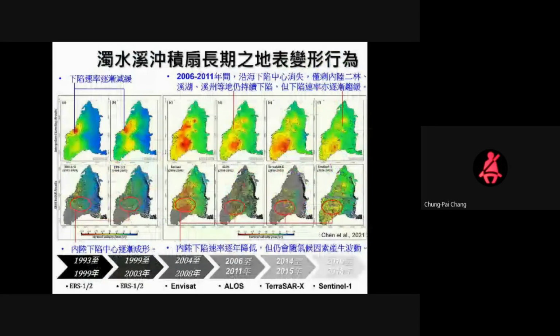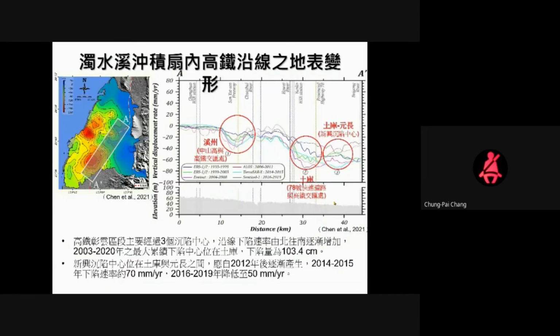I will show you. This is a very recent result, up to almost right now, from 1993. The DInSAR result from 1993 to right now, so almost 30 years. Then we compare this result with local measurements, including the well data, and we compare the shortening in the well.